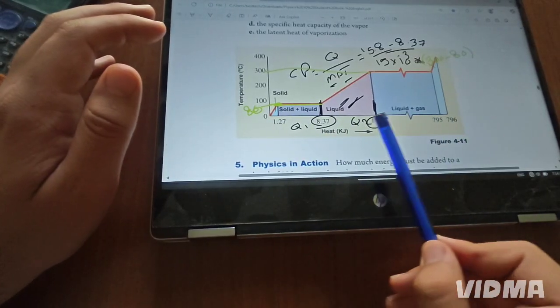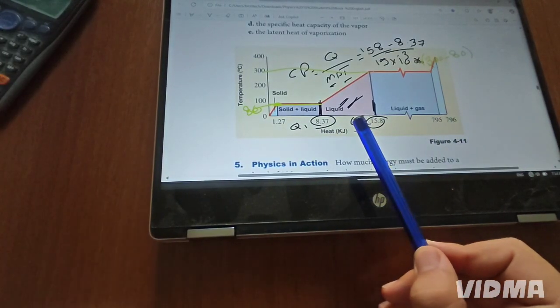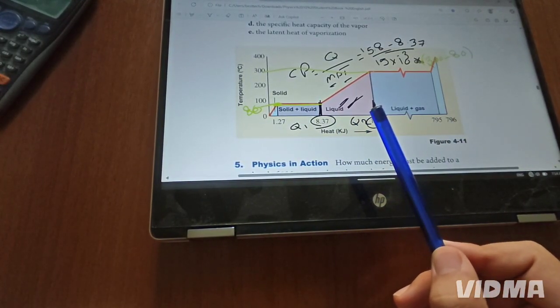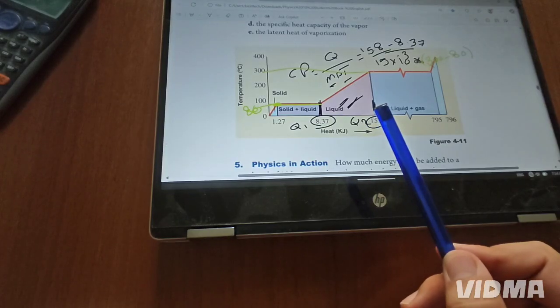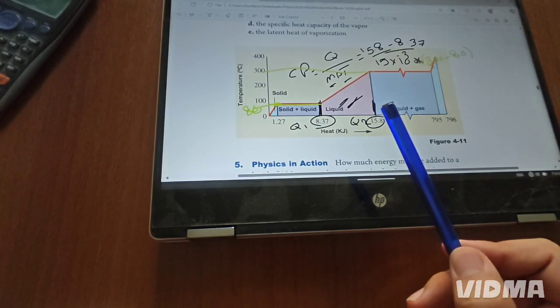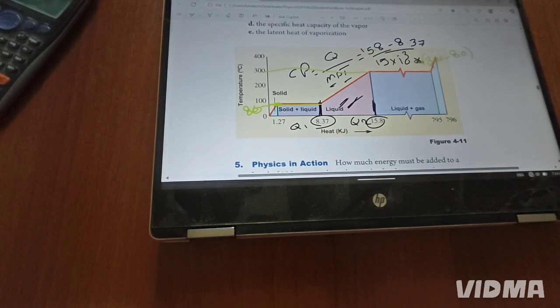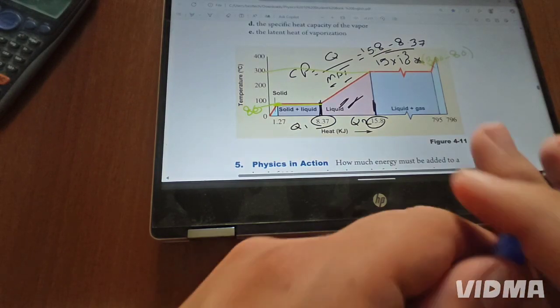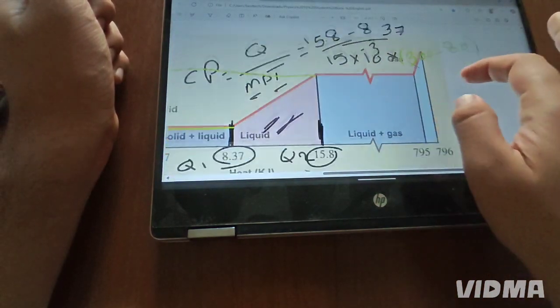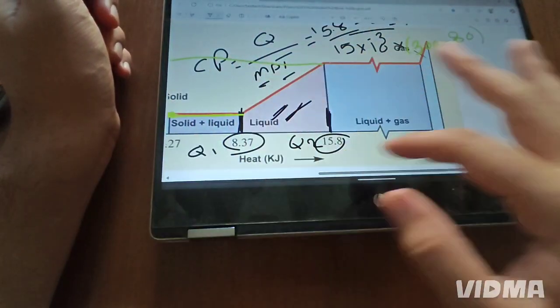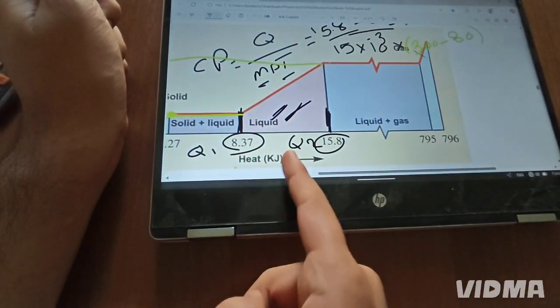The horizontal line is about the heat, and the vertical line is about the temperature. But in here, I forgot to tell you, horizontally we have heat in kilojoule.